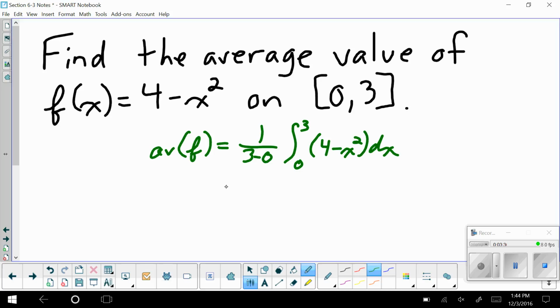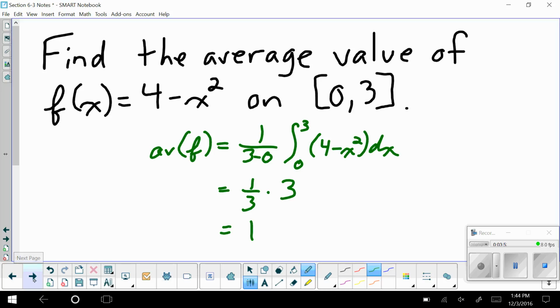Well, 1 over 3 minus 0 is pretty easy. That's 1 over 3. This integral, which there are multiple ways to calculate, one being on your calculator, but no matter how we calculate it, we get 3. 1/3 times 3 is 1. So for 4 minus x squared, between 0 and 3, it has an average value of 1.